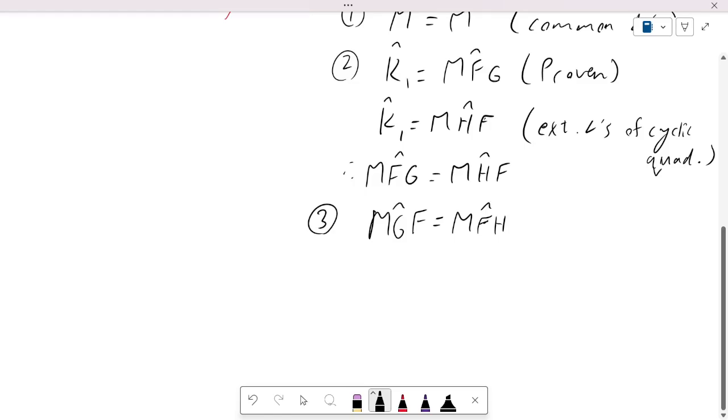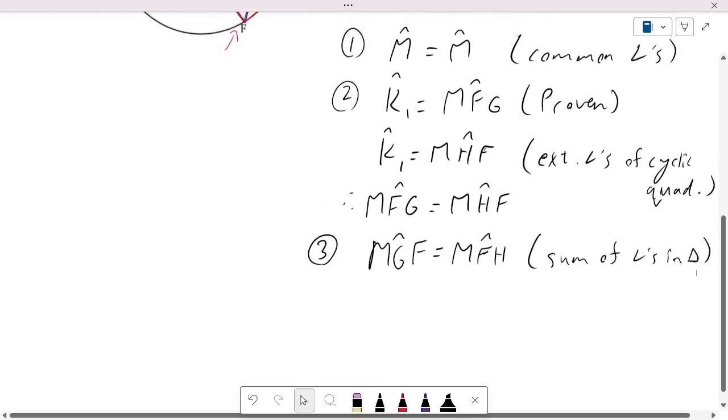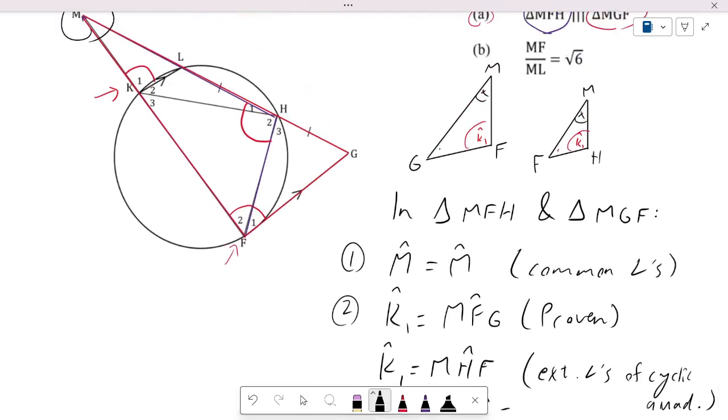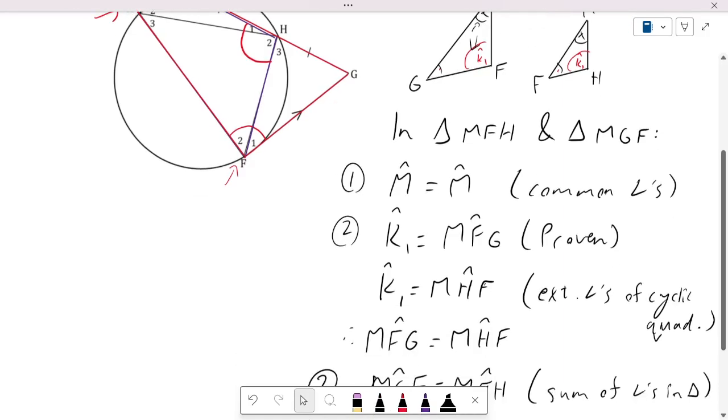Okay, so now we prove that they are equal. The reason why is because of the sum of angles in a triangle. Remember, that's the reason, because it is our third angle that we are missing, and because we know these two angles, we can just find it, but we know they're going to be the same anyway because the other two corresponding angles are equal to each other.